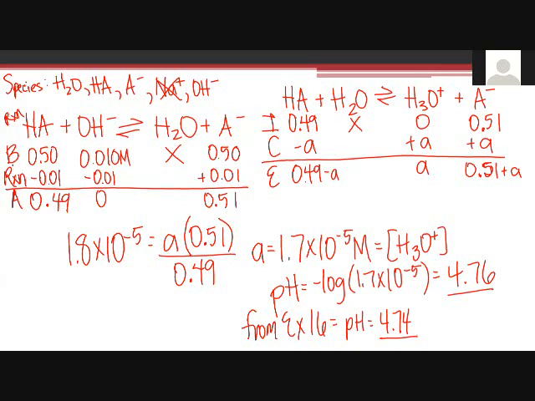So this is what a buffered solution does: it will barely change the pH value because it's there to resist and doesn't create as big of a shift. Does that make sense? Does everybody see that? This is the OH added one, and this is what the original value was. So the pH change is very, very small because of that buffer.